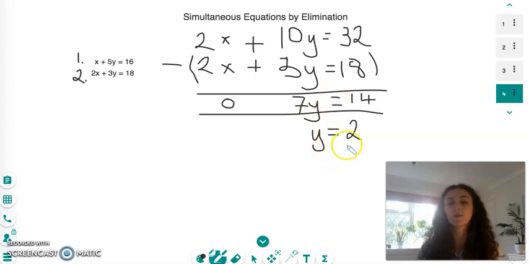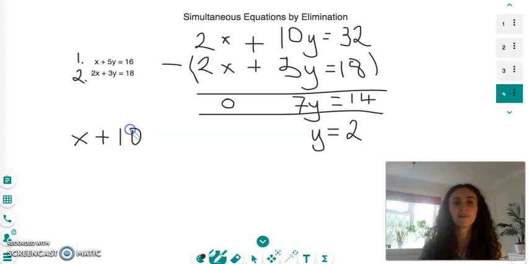Now that we've got y equals 2, we can work out what x is by substituting this back into one of the equations. So I'm going to substitute it back into the top equation, equation 1, but it really doesn't matter which one you choose, completely up to personal preference. So we've got x, which we still don't know, plus 5y. But now we know that y equals 2, and 5 times 2 is 10, so we've just got x plus 10 is equal to 16.